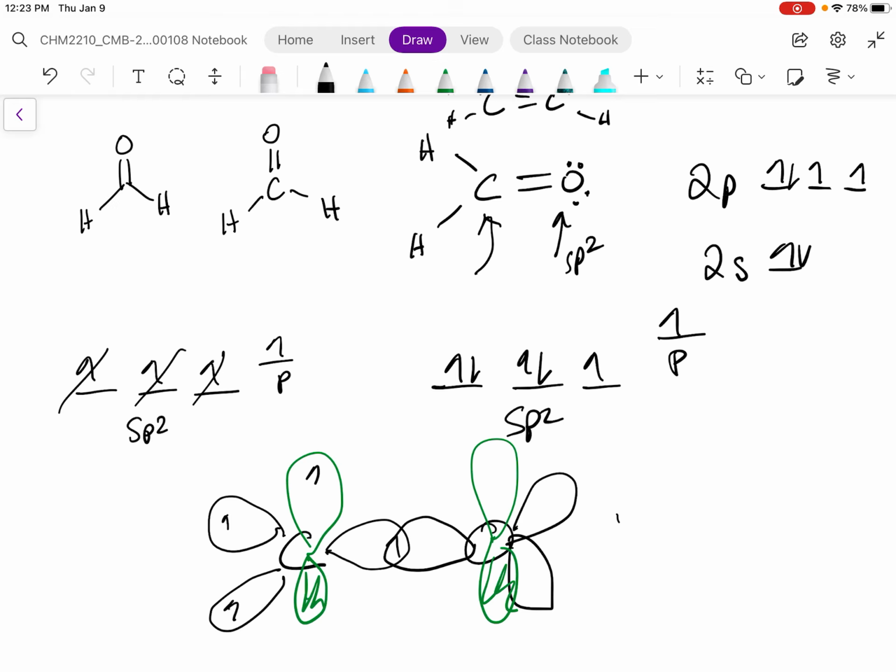So where do those electrons go? So what we have here in that area right there, that is what? A sigma bond, right? So we need to have something that has an electron that can form that sigma bond. Would it be this orbital right there? No, that's in a p. We're saying that this orbital right there is sp2, so it has to be this guy.